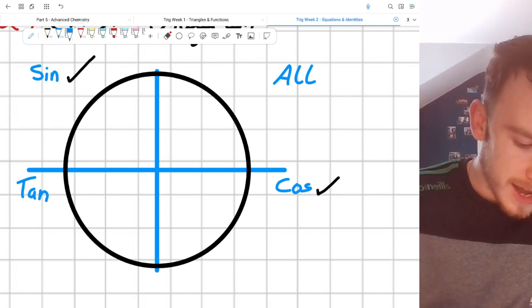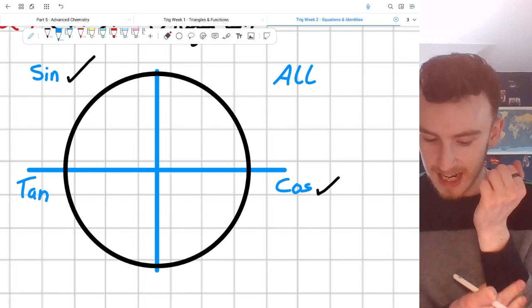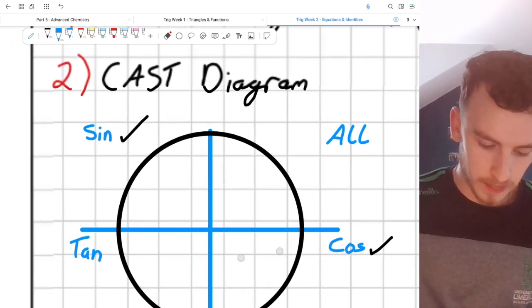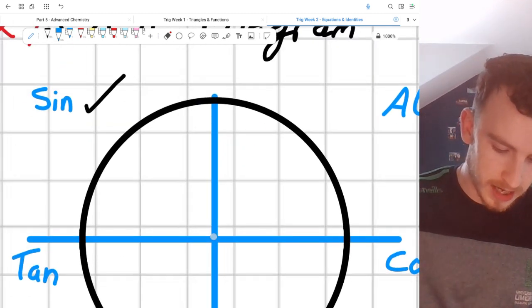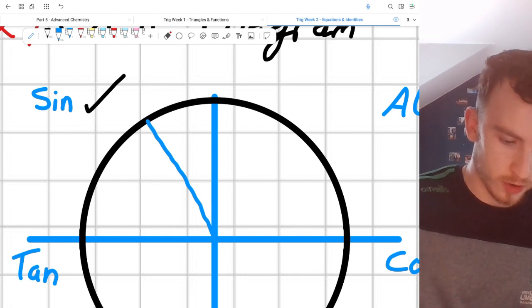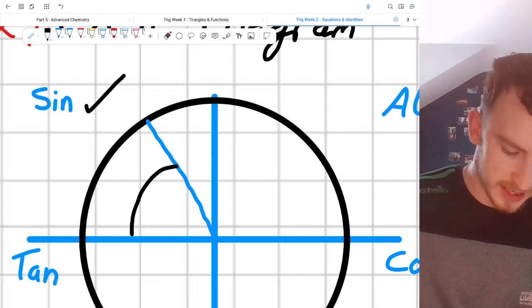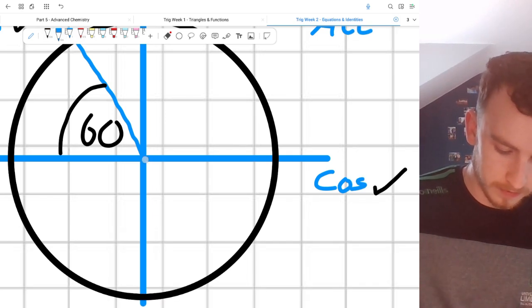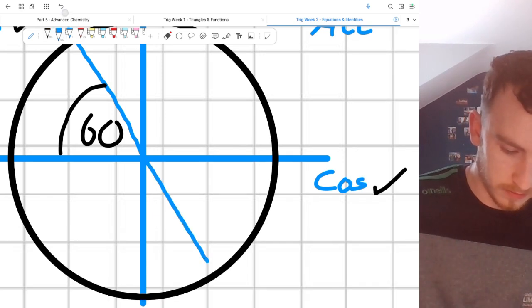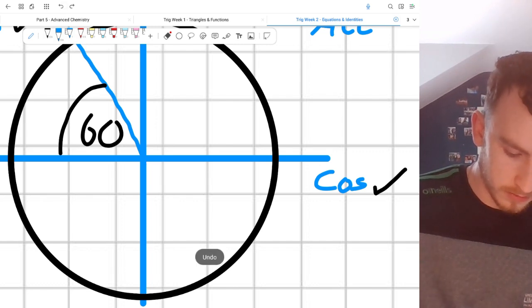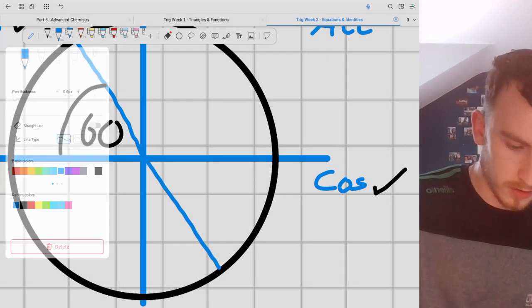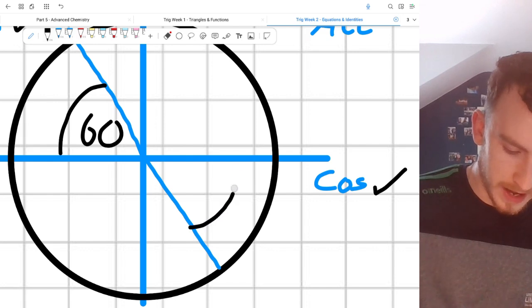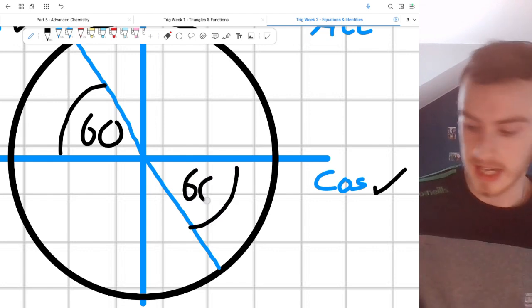So now we're going to make angles of 60 degrees to the x-axis in both of those quadrants. So that is going to be here, where this angle is 60, and then it's going to be here, where that angle is 60.